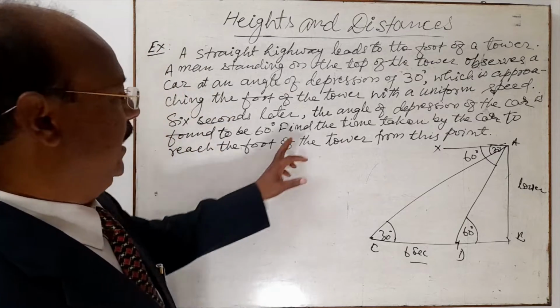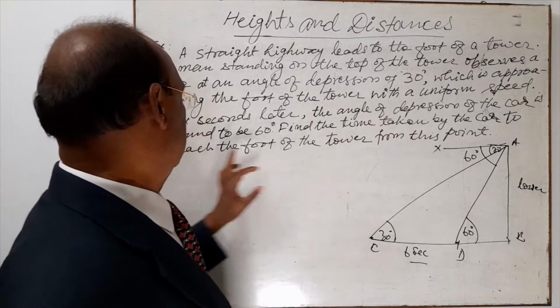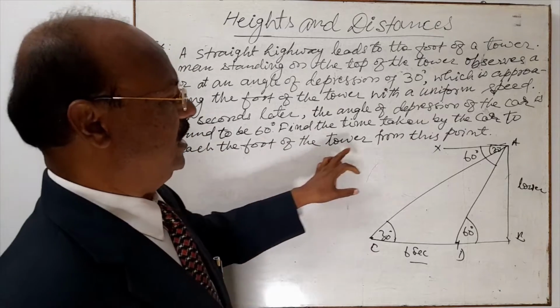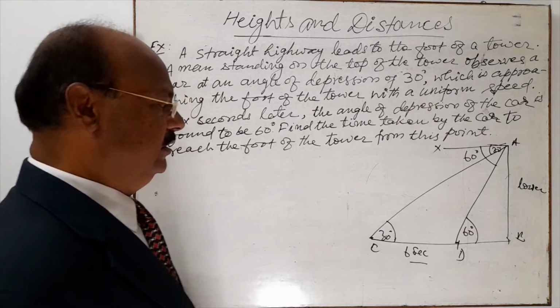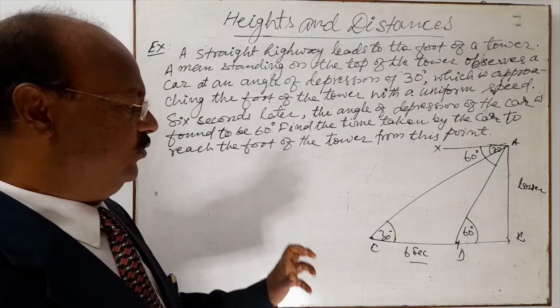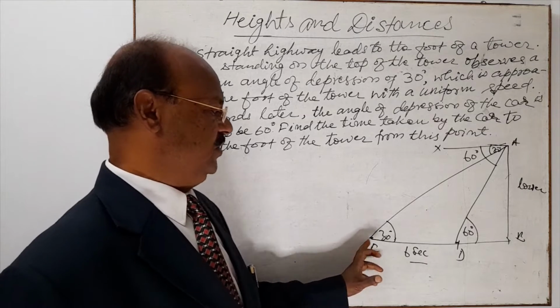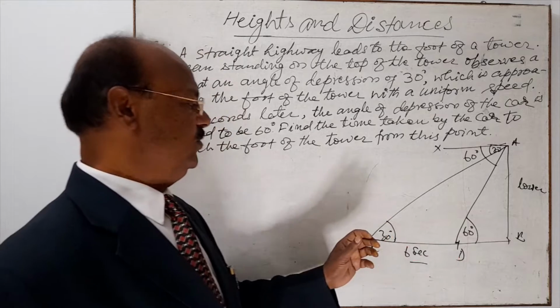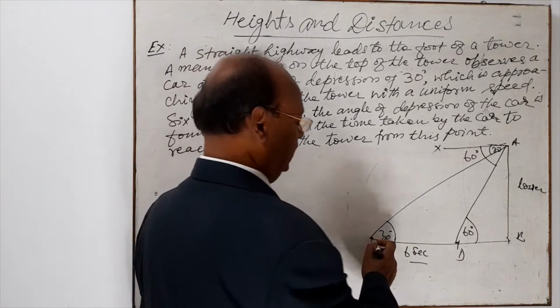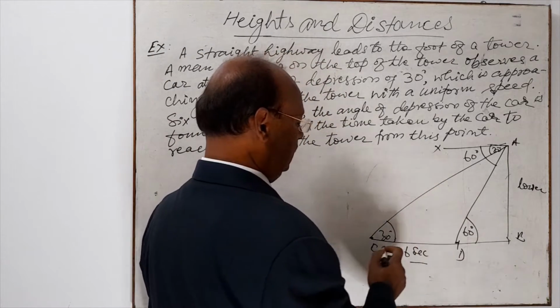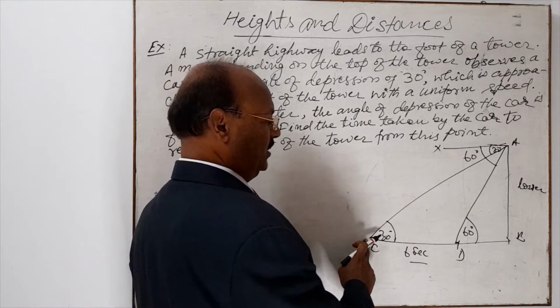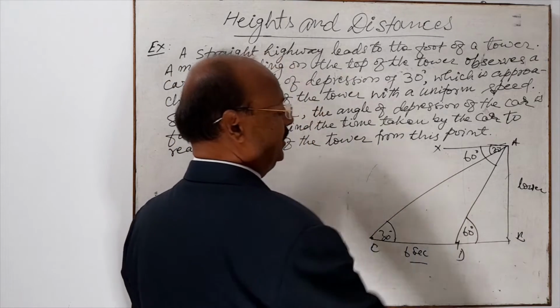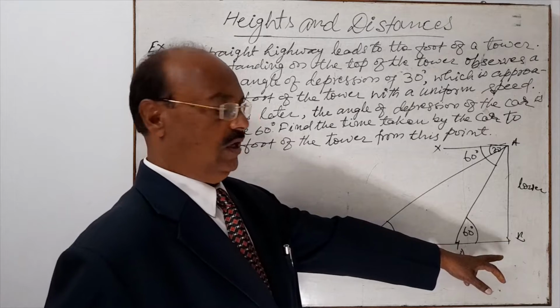And now we have to find out the time taken by the car to reach the foot of the tower from this point. The wording is not very clear, whether from C or from D. But let us suppose that we have to measure the time taken by the car when it reaches from this point C to point B, the foot of the tower. Correct?